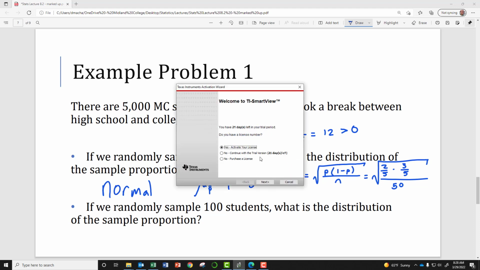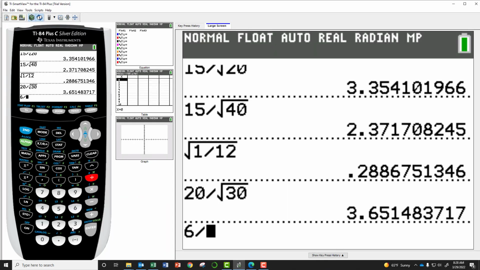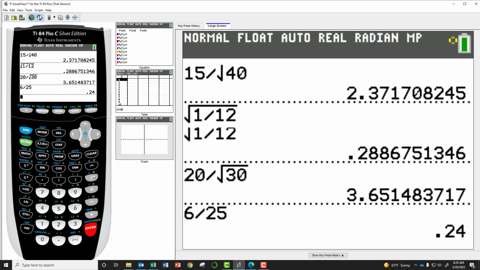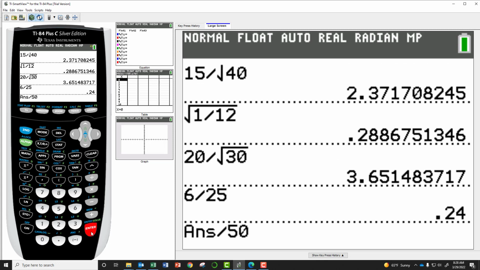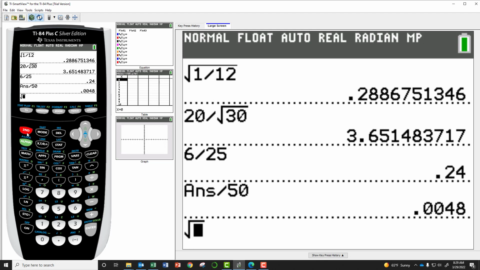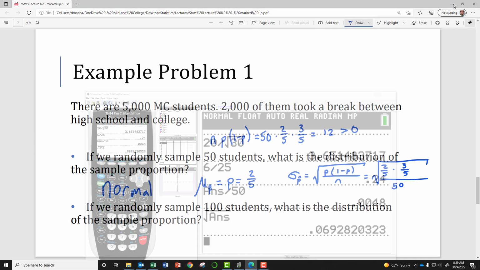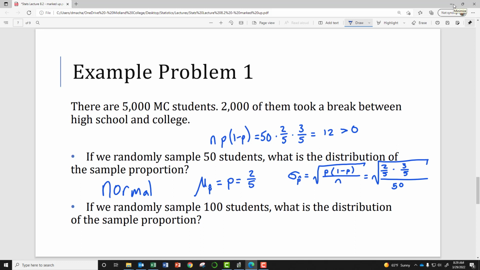And 6/25 divided by 50 gives me a very small number. And then when I take the square root of this, I get 0.0693. And for this mean, 2/5 is 0.4 if you want to represent it like this.